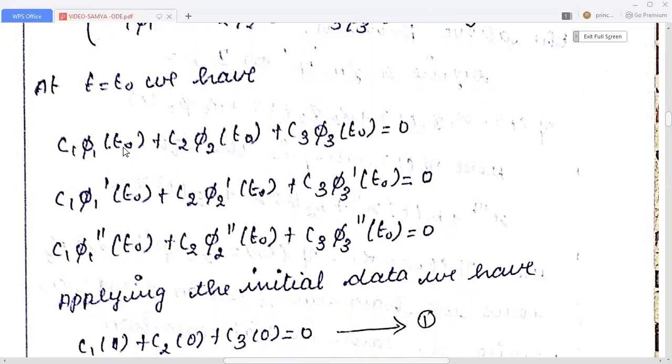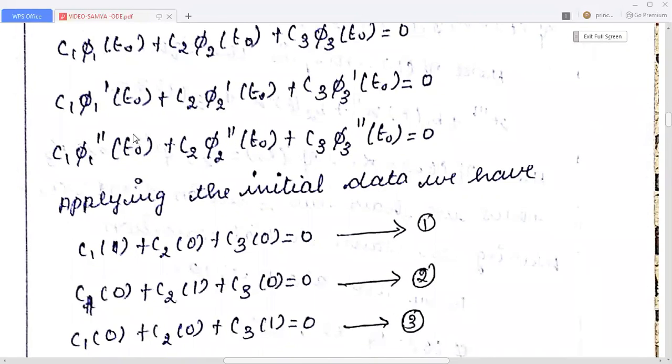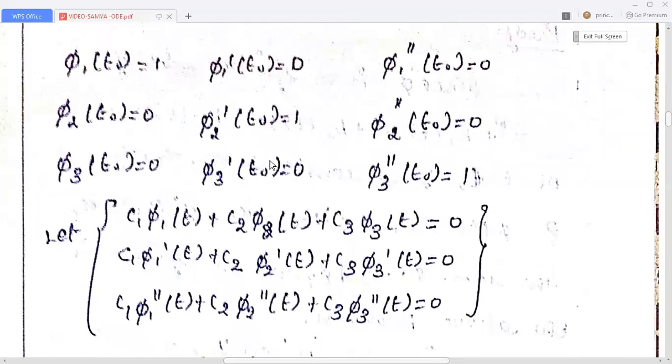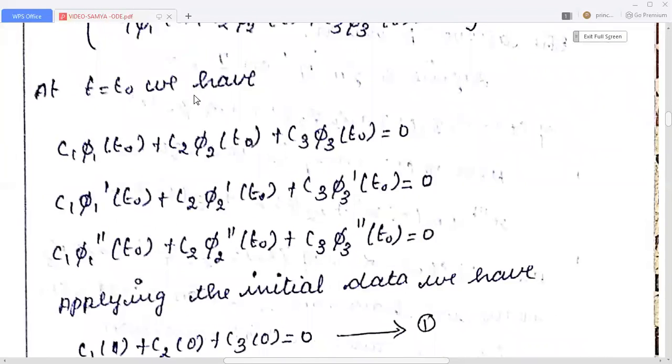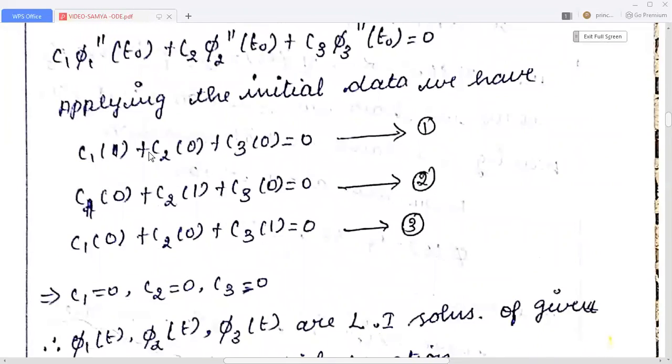C1 into phi 1 of t naught plus C2 into phi 2 of t naught plus C3 into phi 3 of t naught equal to 0. Similarly, we get the other two equations, applying the initial data that we have given here. So using these initial data values, we can get this.